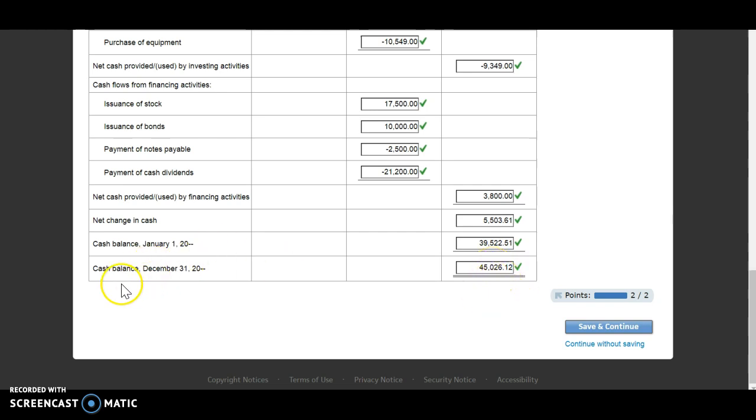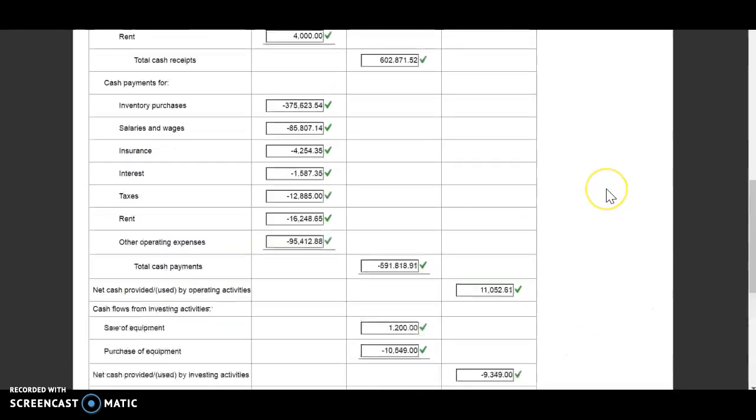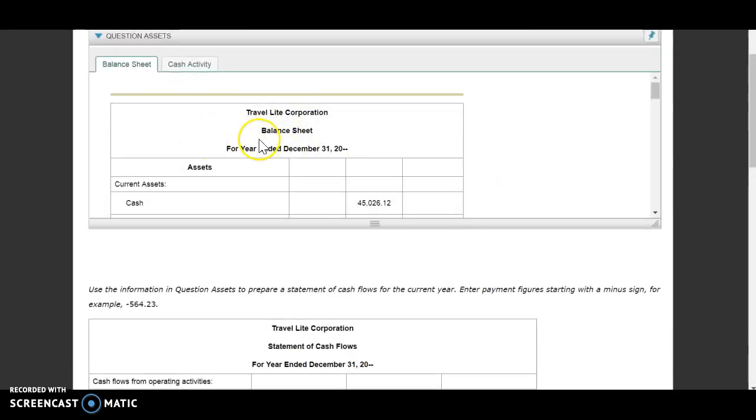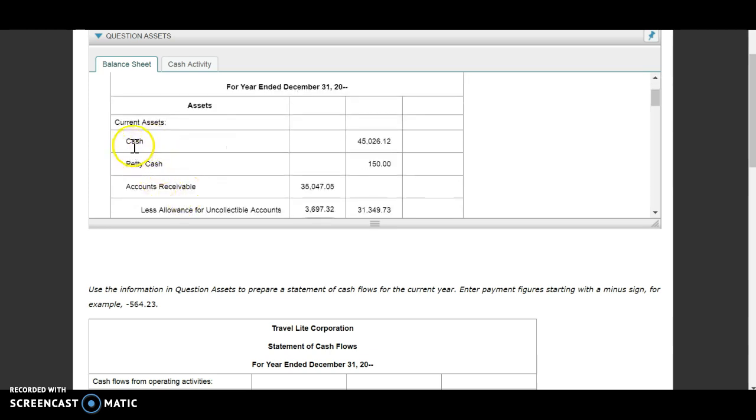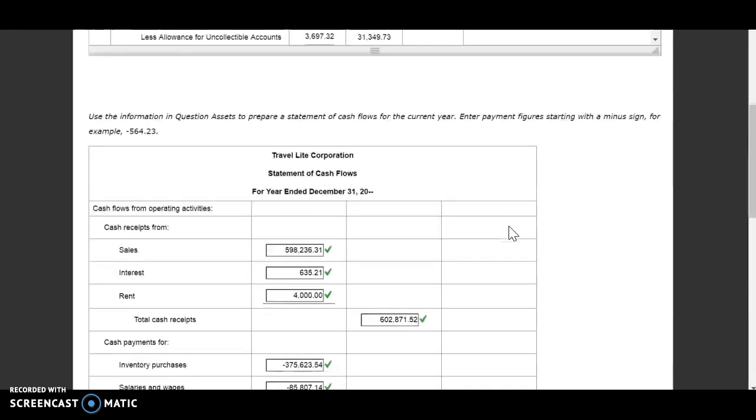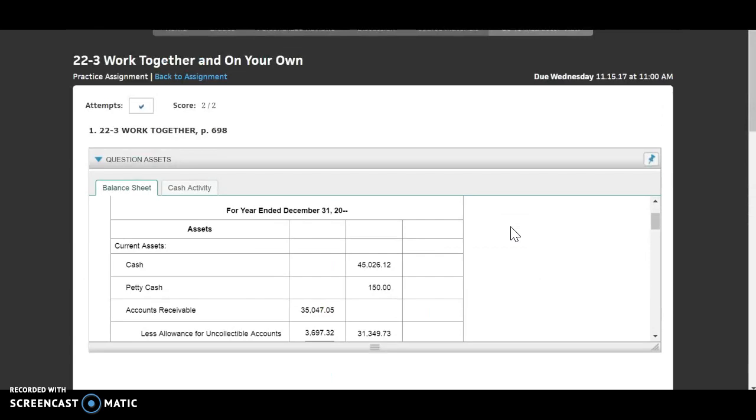When I look here, this cash balance that I get, 45,026.12, that number should look familiar. If I look at my balance sheet and I look under my current assets, that's what my cash should be at. Okay, so when I see that those two numbers are equal, that helps to tell me that I should be right. Okay, so now that we are done with that one, you can go on to the 22-3 on your own.